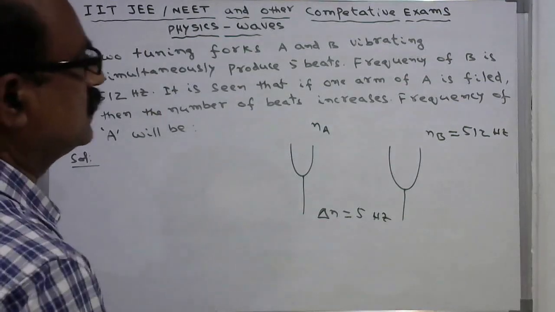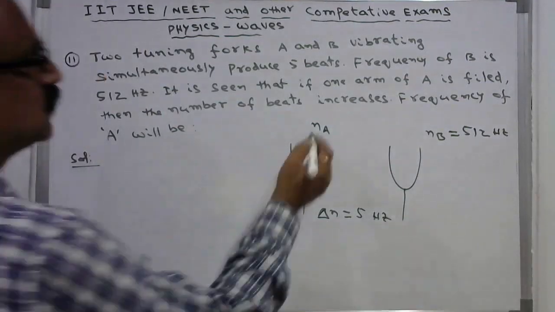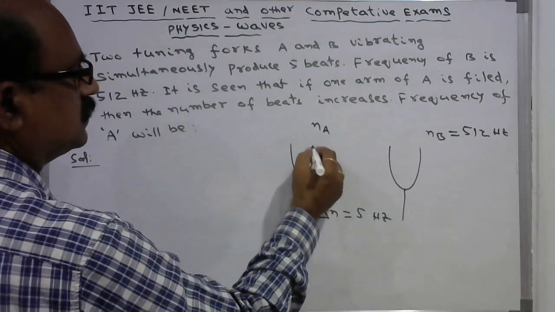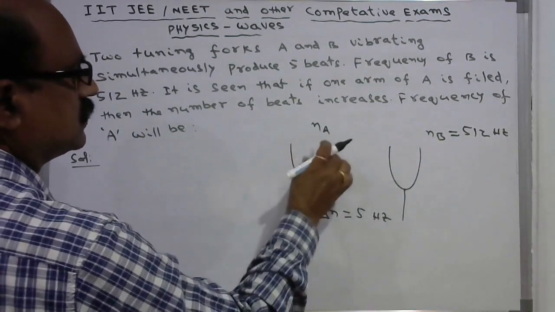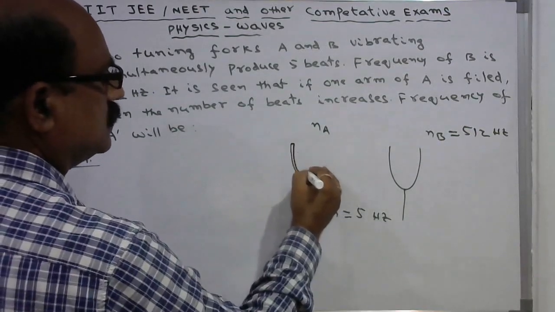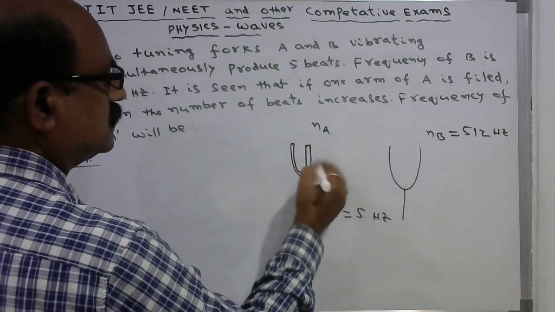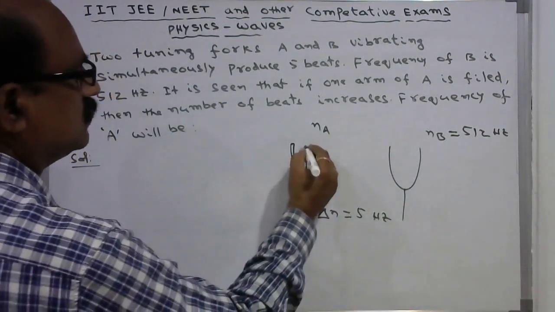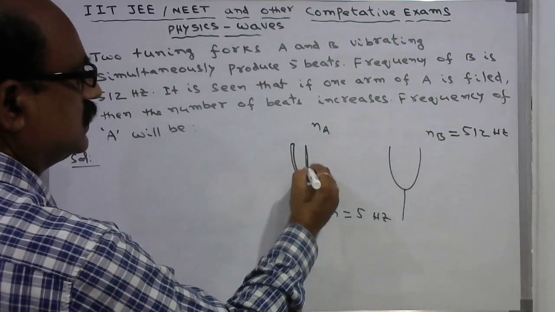And now what we have done, one of the arms of A is filed. That means some part of this is removed. Imagine this is the tuning fork under our consideration. Then what happened? Some part of the tuning fork is removed like this. So it is filed.